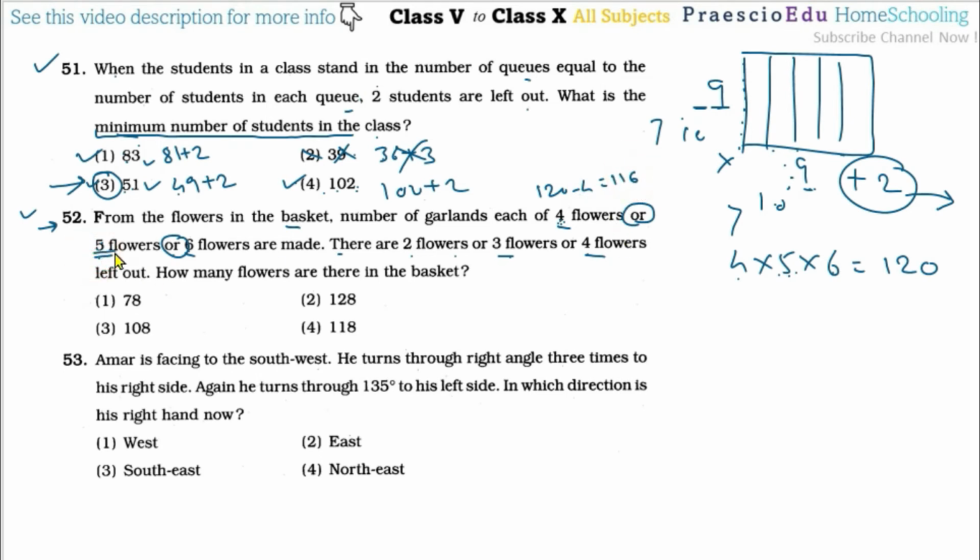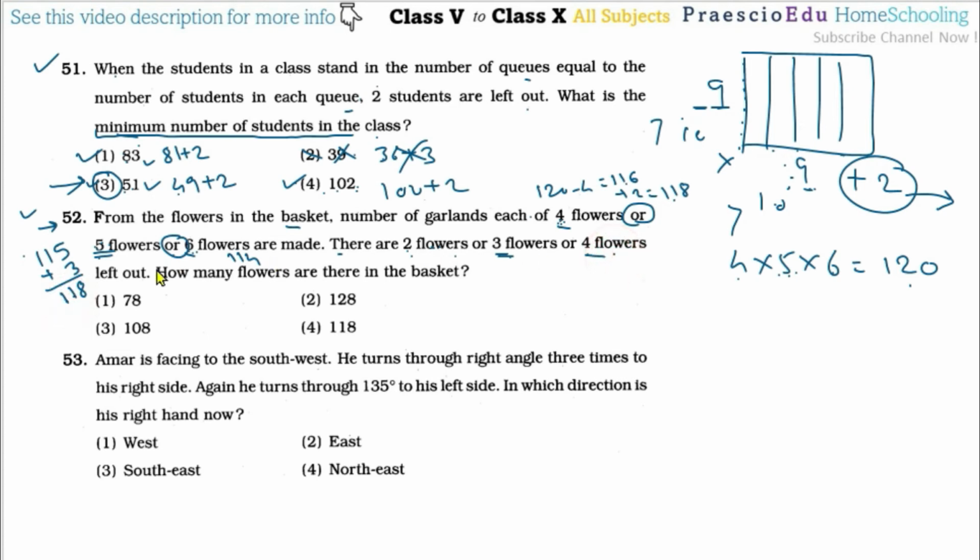Here the 5 flowers we will deduct, 120 minus 5, that is 115. And here 6 flowers means that is 114. Now respectively, here 2 flowers are left out, so 116 plus 2 we are doing, and we are getting 118. Same thing, these 3 flowers remaining means if we are adding the 3, we are also getting 118.